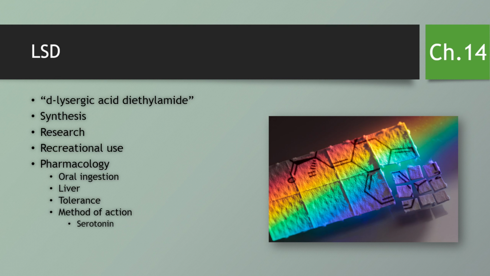And this is absorbed through our intestinal tract, so it's a slower absorption process. It's metabolized in the liver, just like many of the other drugs we've talked about, and is basically excreted as a non-active version of itself. The half-life is about 3 hours, but it can have some longer lasting effects as well.